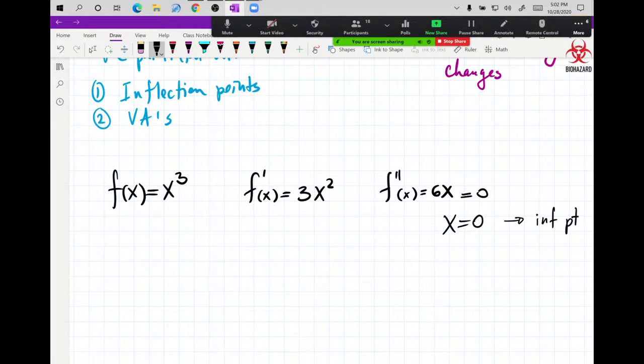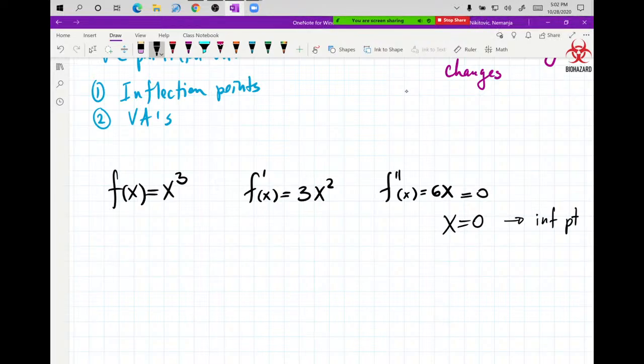When we have this inflection point, that is where we partition. So I have a partition at 0, and we know that the domain of x cubed, like every other polynomial, is all the way from negative infinity to positive infinity.